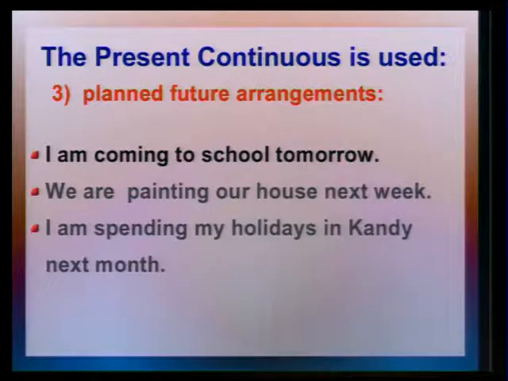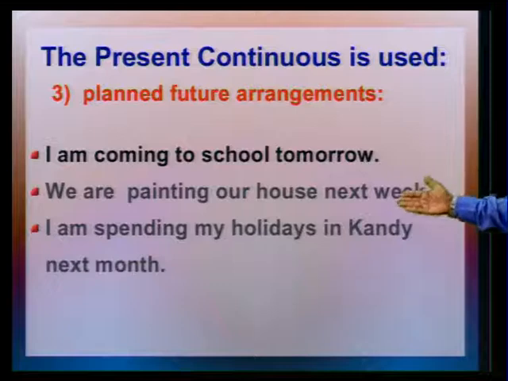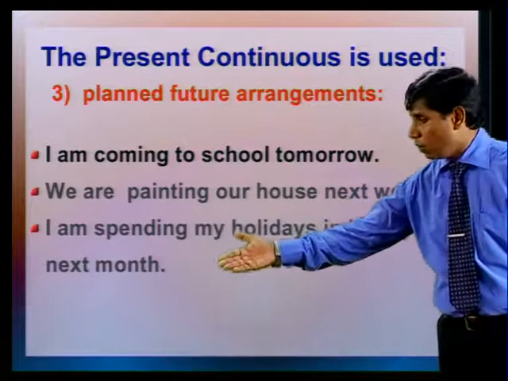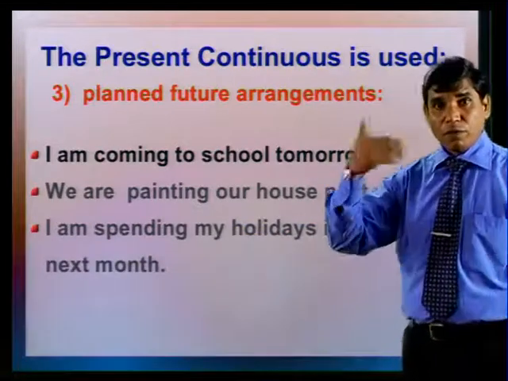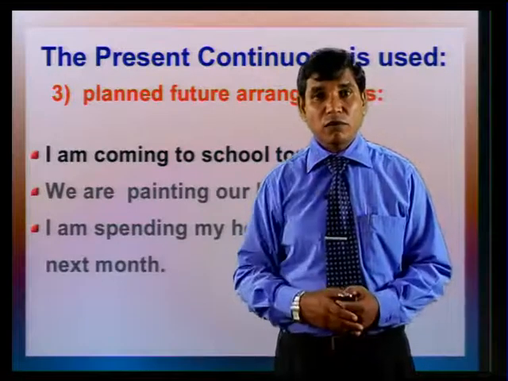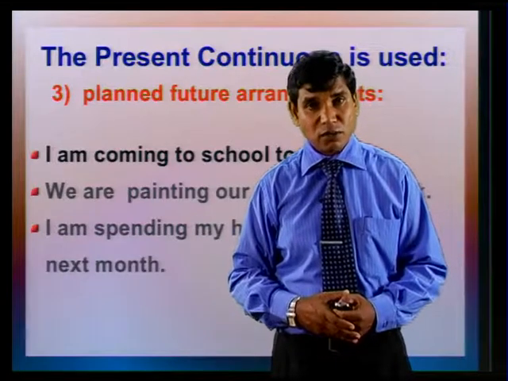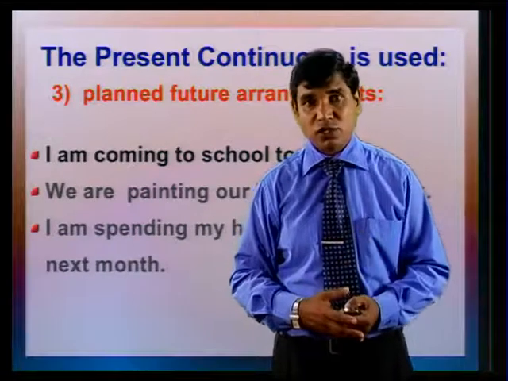That is also a future arrangement, next month. Look at the words again: tomorrow, next week, next month. All these are future times. So when you talk about future arrangements of different actions, we can use present continuous.